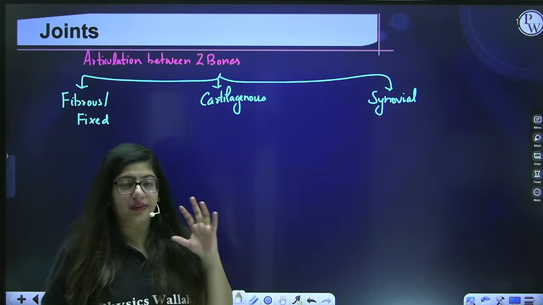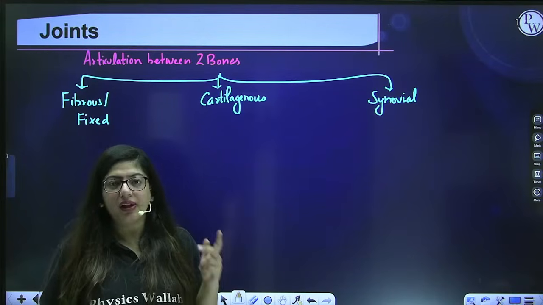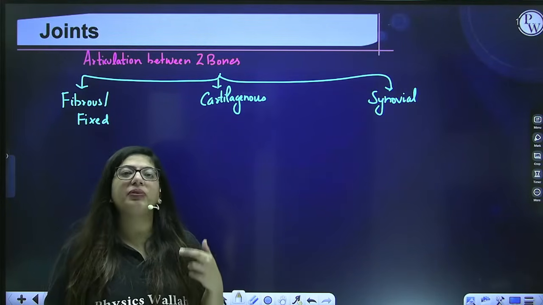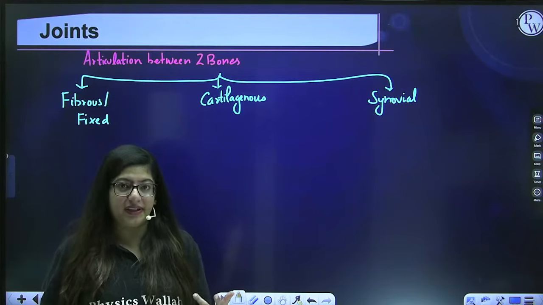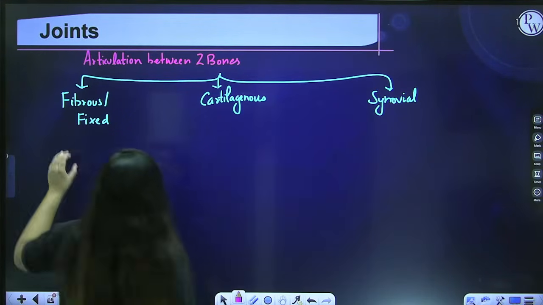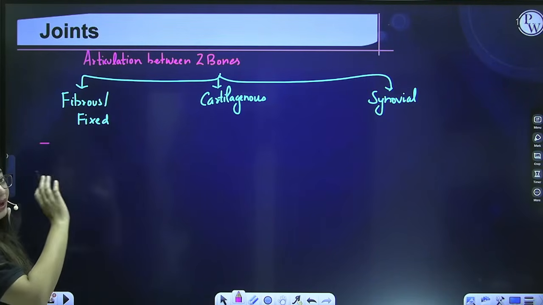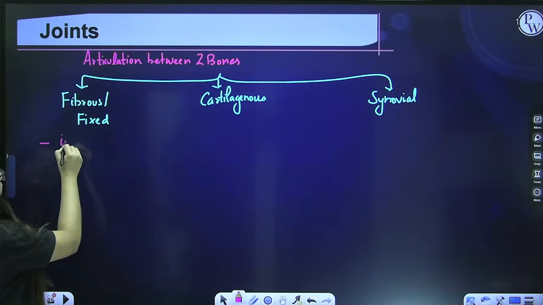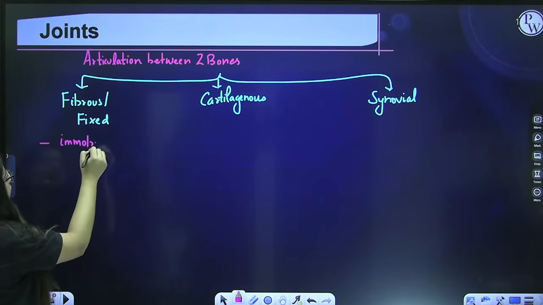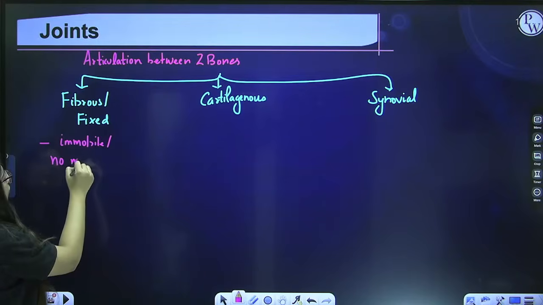So they have been classified on the basis of how much movement can be allowed around these joints, right? For example, these joints are very fixed. So they are not at all mobile. That means they are fixed. They are immobile, or we can say no movement.